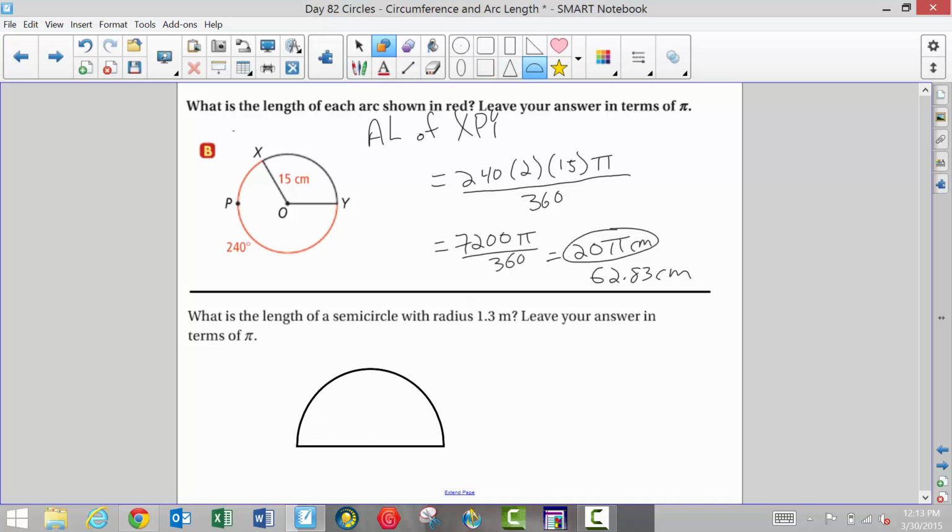So I have a semicircle. Okay, here's my semicircle with radius of 1.3 meters.